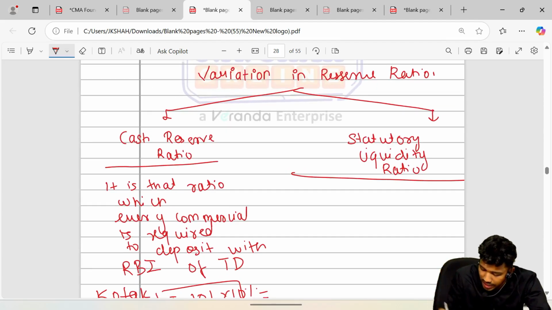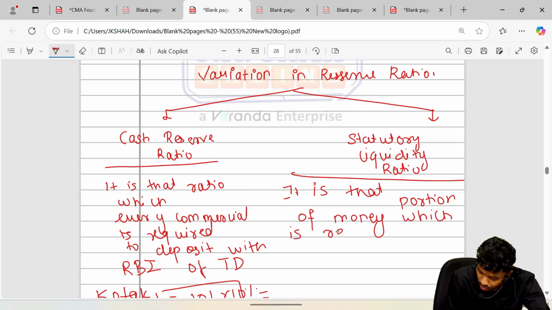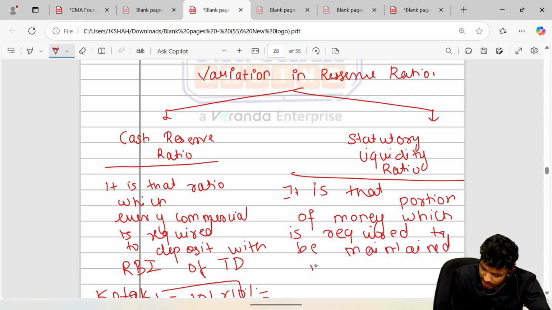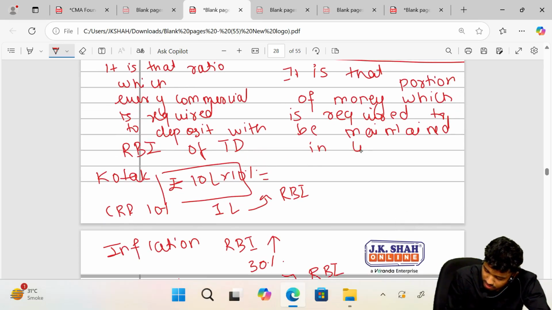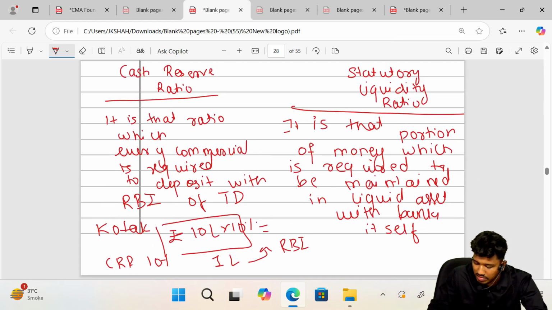Now it is basically that portion of money which is required to be maintained in liquid asset with banks itself, खुद को बैंक के पास, that is बैंक के अंदर ही आपको रखना पड़ेगा. You'll have to basically keep this in the bank itself.